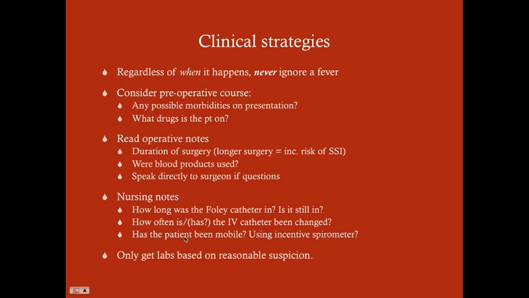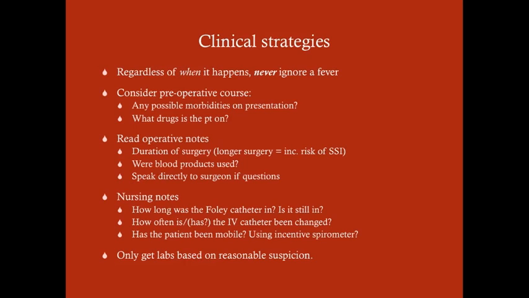And then also, has the patient been mobile? If they haven't been mobile, that's going to increase your suspicion for DVT, pulmonary embolism, thrombophlebitis. Are they using their incentive spirometer? Every post-surgical patient should have an incentive spirometer, especially if they're getting any kind of thoracic or abdominal surgery. Use of incentive spirometer reduces the risk of atelectasis and pneumonia.